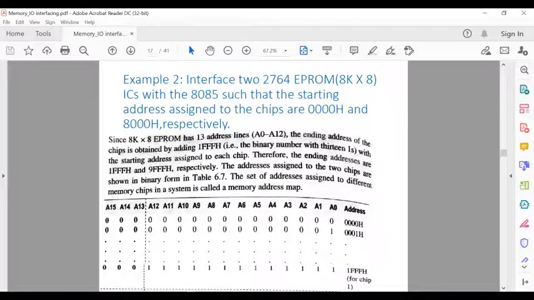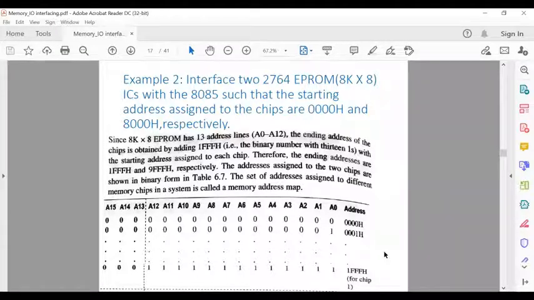What is the size of this address range? It is 8 kilobytes. So 8192 memory locations are available, but you don't need to consider what is in between. Only the starting address and ending address are required to connect it.